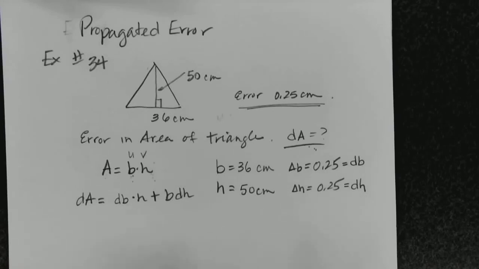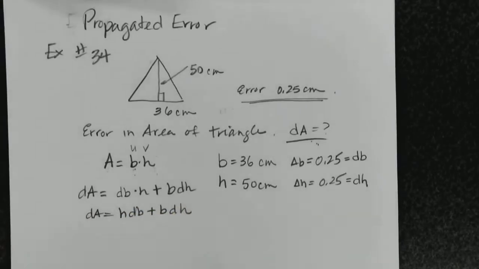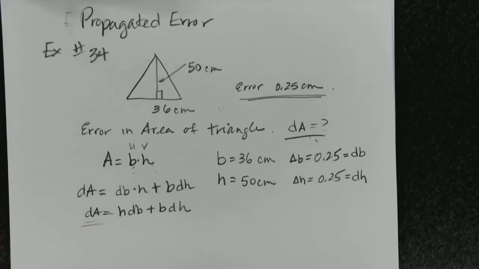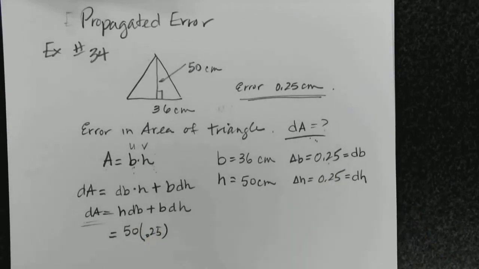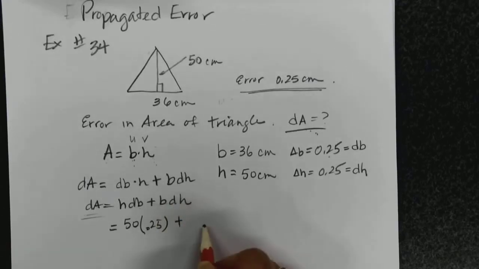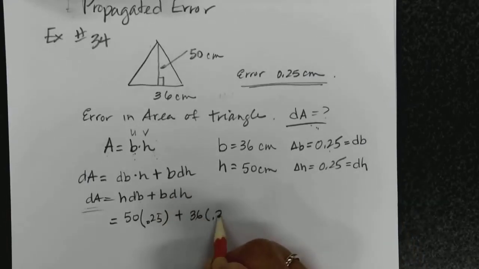So now, if I rewrite this, let's make it pretty. H dB plus B dH. So we have all the components to find dA, right? Don't we? Right? So dA is, the height is 50, and the dB, the error, is 0.25 plus B, which is 36, times dH, which is 0.25.